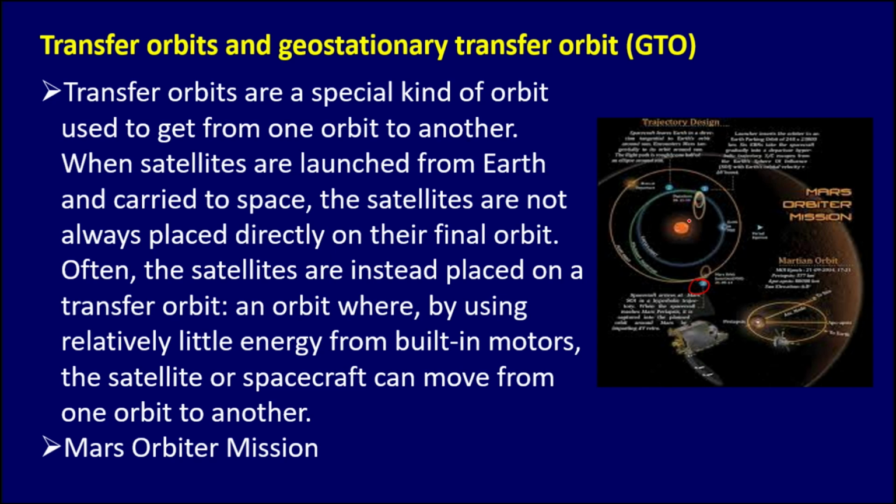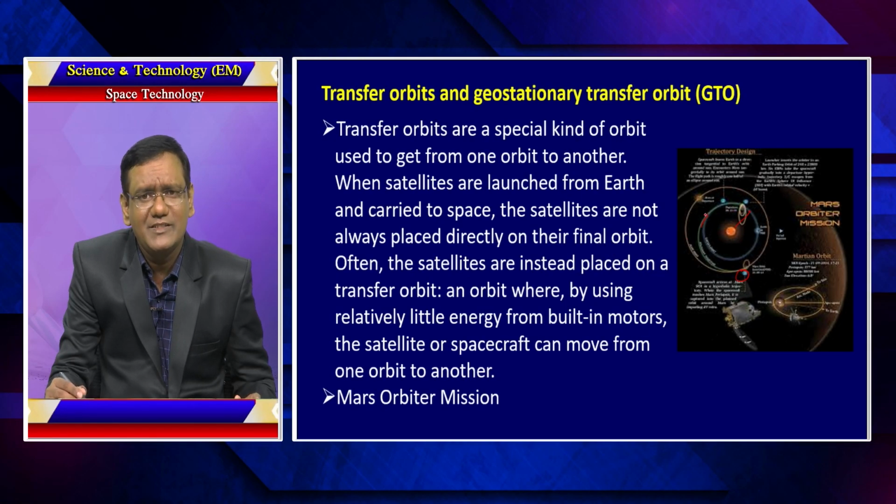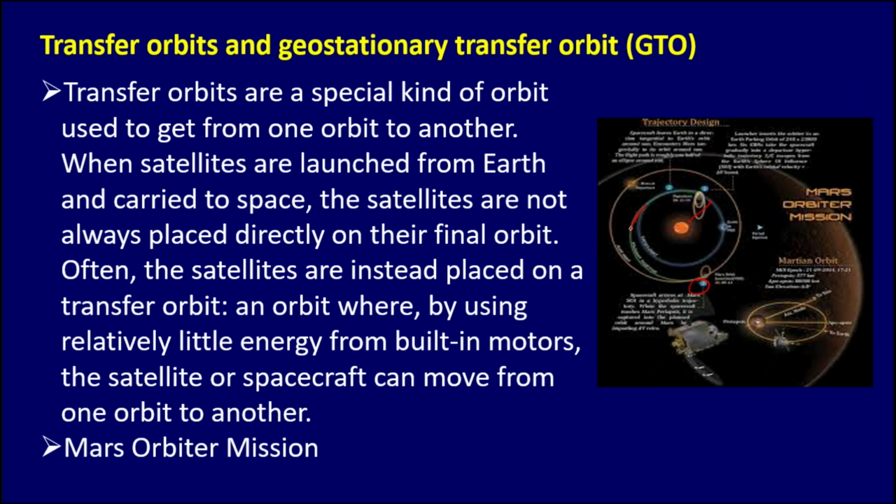Initially we will take this satellite up to this position first, and then it revolves around this. When it comes to this position, we will change the velocity of the satellite and increase the speed. Once we increase the speed, it actually goes to a different orbit.